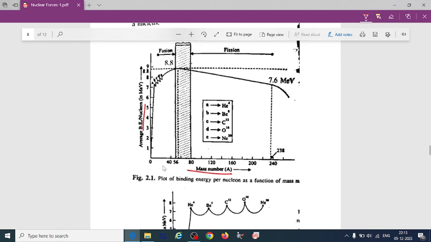When we plot a graph of average binding energy versus mass number for the different elements in the periodic table, you can see how the variation is there for different mass numbers.